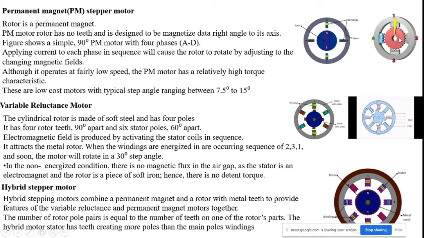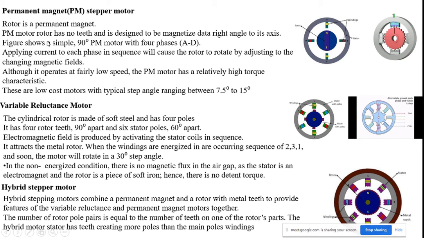If I give one pulse of current, it makes 6 degrees of rotation. In the permanent magnet stepper motor, the components are the rotor, stator and windings. Here the rotor is a permanent magnet, which is represented with the blue color.